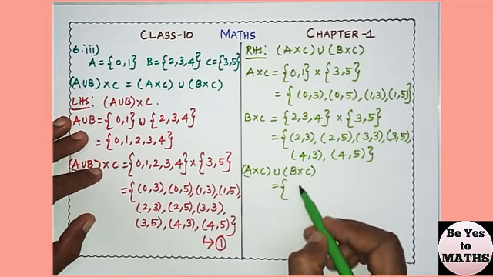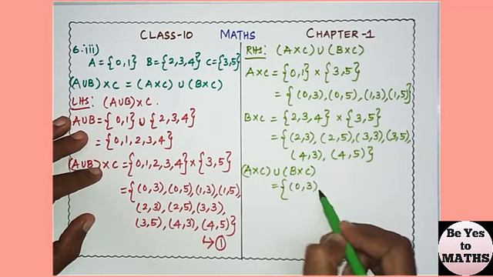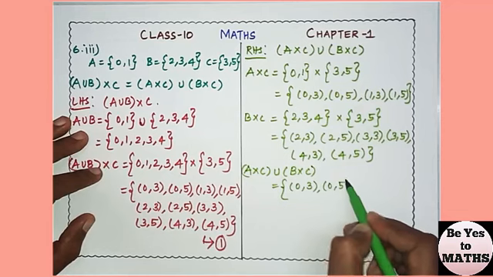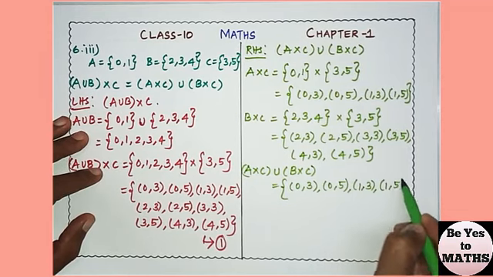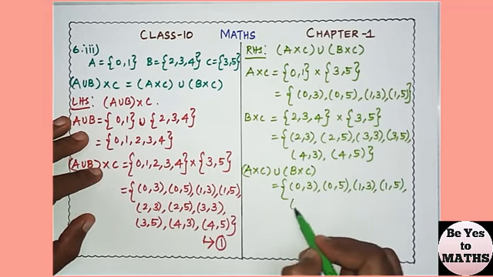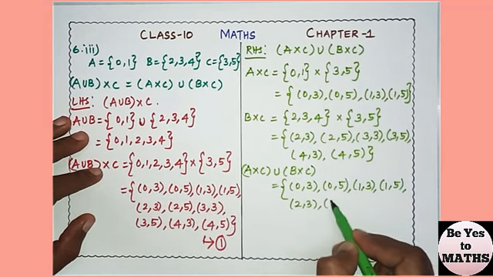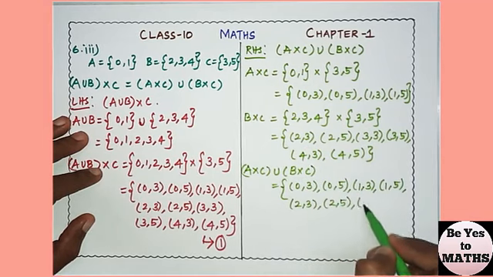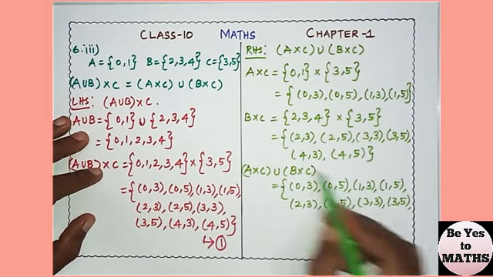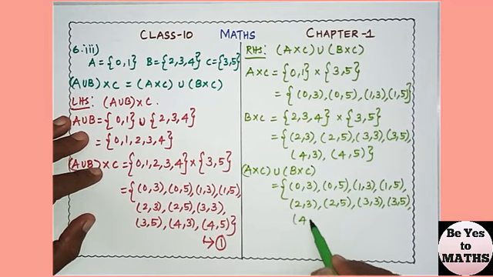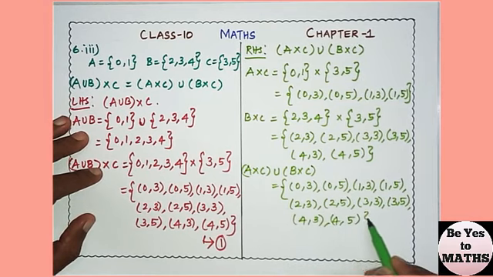So (0,3), (0,5), (1,3), (1,5), (2,3), (2,5), (3,3), (3,5), (4,3), (4,5). Right hand side is over. Take this as equation number 2.